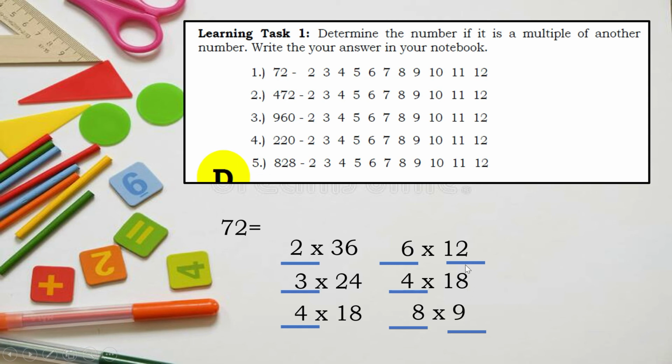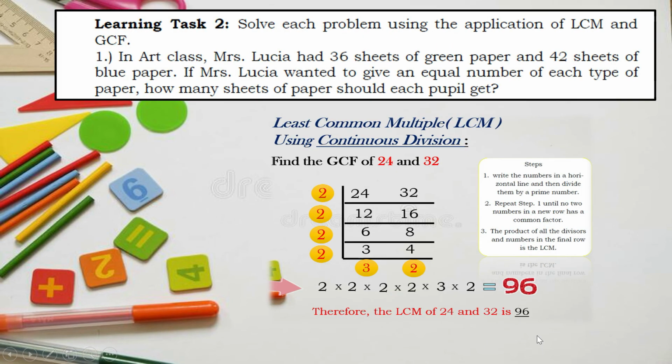Those are the multiples or factors of 72. So, circle these: 2, 3, 4, 6, 8, 9, and 12. Okay, so that is learning task 1. Next, learning task 2. Solve each problem using the application of LCM and GCF.